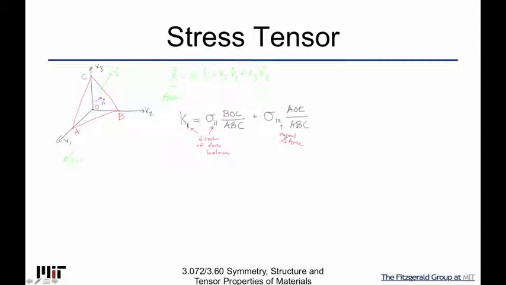So it's the area of AOC acting in the direction of 1. And of course, we have the third term, ABC projected onto AOB.